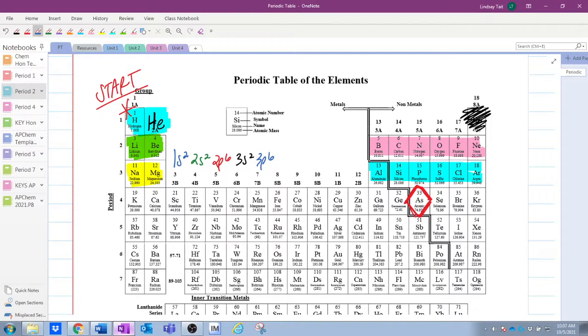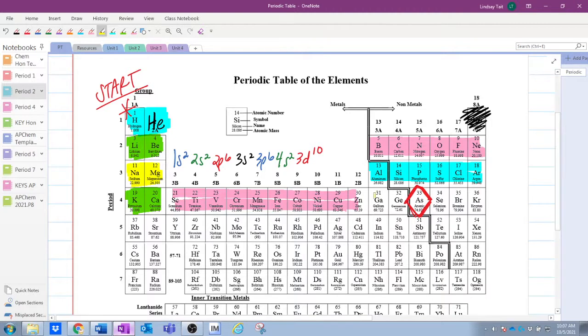It got quiet. I'm putting up the answer if you guys had any discrepancies. So here's the fourth row, 4s2, which would be followed by this right here would be 3d10. It's 10 if you count it.